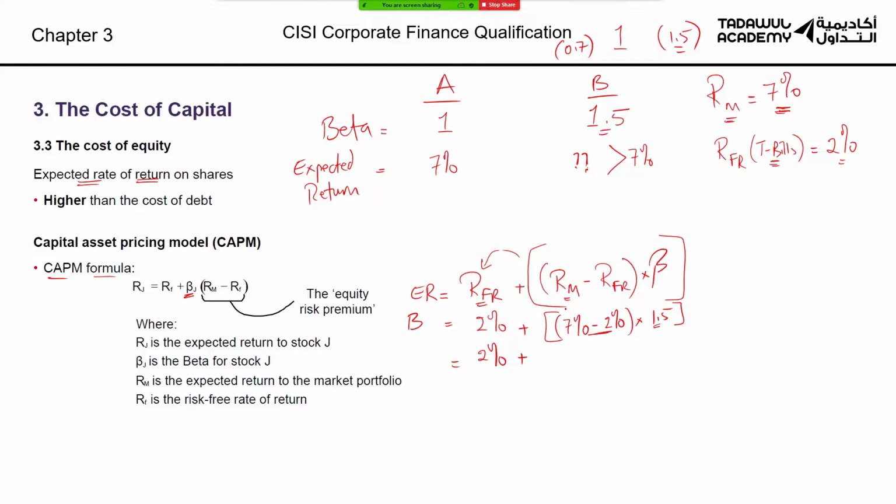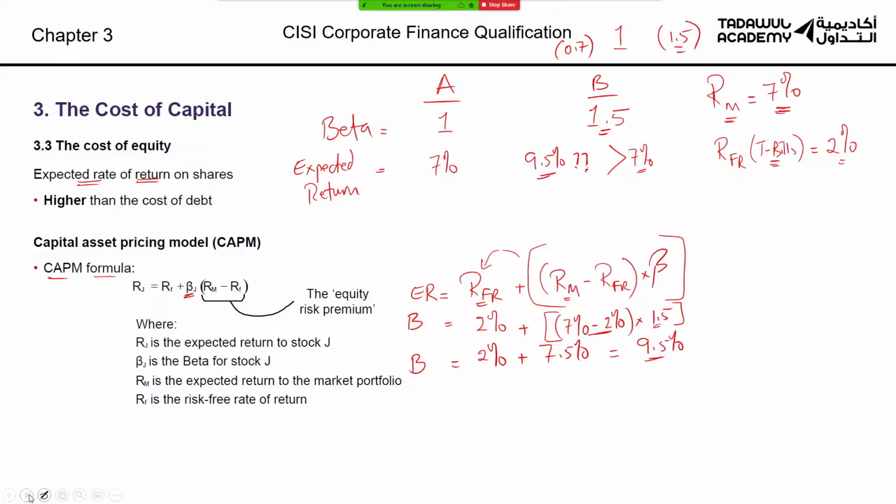If I'm not mistaken, 1.5 times 5, that's 7.5. So this tells me that the expected return on stock B is 9.5%, which is higher than 7. So why is it higher than 7? Because it has a higher beta. This is the expected return. This is the cost of equity of stock B, the expected returns of the shareholders.